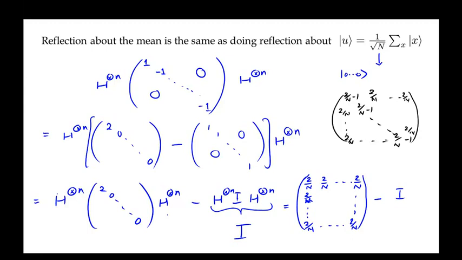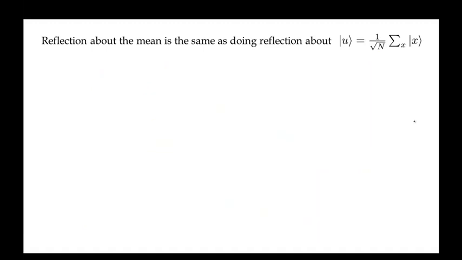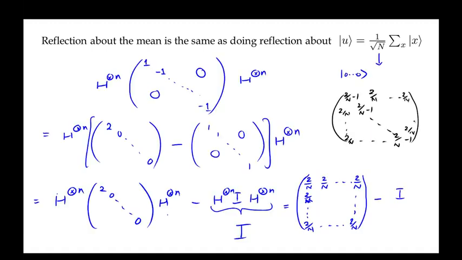Okay, so now let's try to understand why this is a reflection about the mean. Remember what we're saying. The reflection about the mean is you do a Hadamard transform, you do this kind of phase inversion where you invert the phase of everything which is not the all zero string, and then you do the Hadamard transform again.